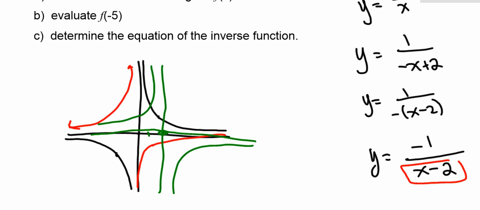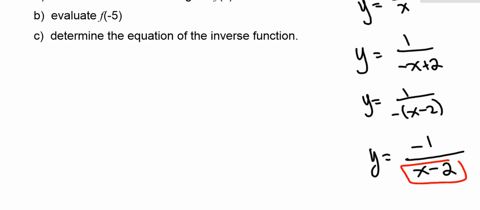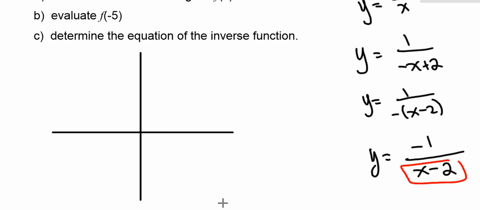Let me clean this up a little bit for you because I know I made a big mess. And let me pull out my awesome line creator. So if this is the normal xy axis, I'm now going to have asymptotes. Instead of at x equals 0, y equals 0, I've moved to the right by 2. So my asymptotes are going to intersect right here.